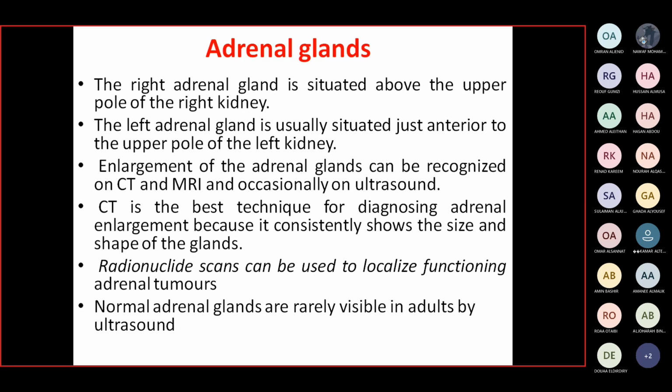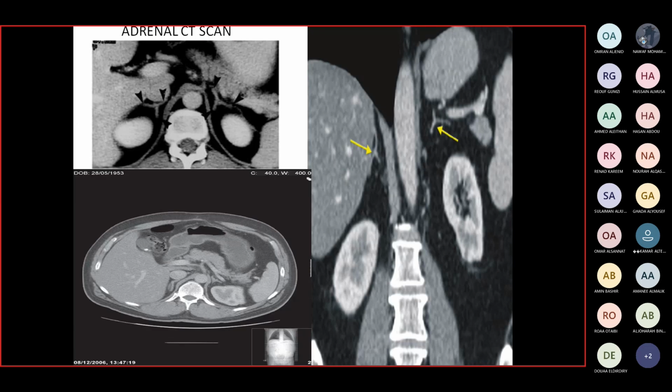To assess the function of the adrenal gland, a radionuclide scan can be used. The adrenal gland in adults is difficult to see, or rarely visible, on ultrasound, but in the pediatric age group it can be demonstrated.